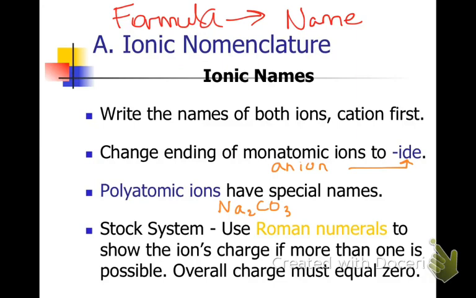So, Na, C, and O, which 2 make up a polyatomic ion? The sodium, the carbon, the oxygen, which combination makes up a polyatomic ion? We just looked and I said there's really only one with a positive charge that would come at the beginning.